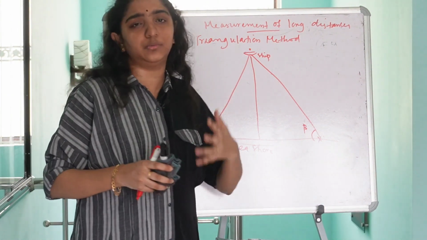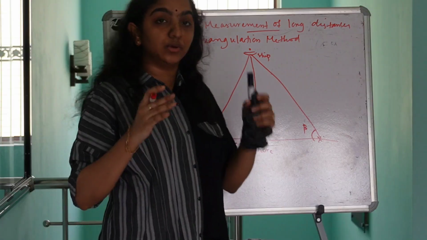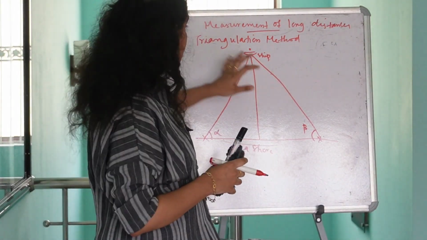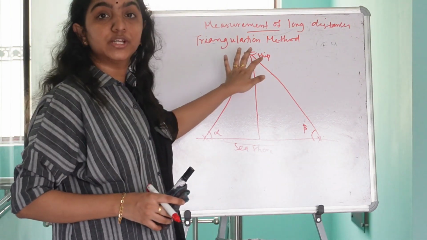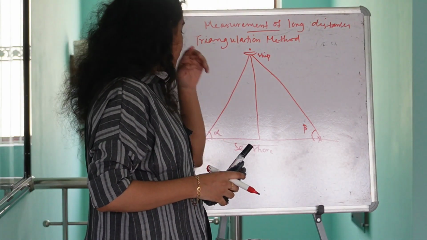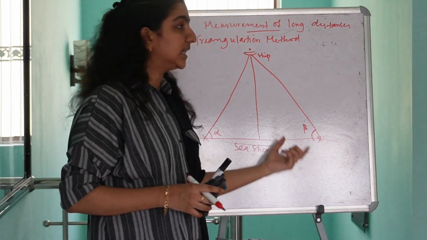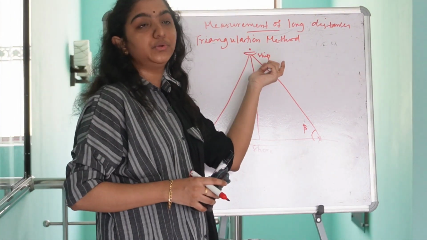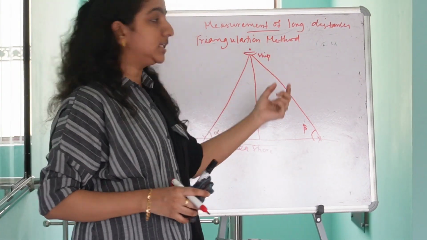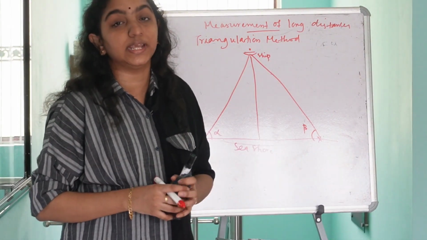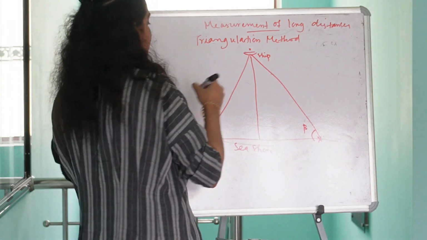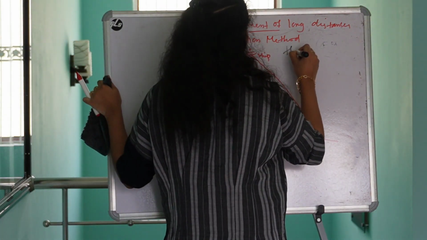So what is triangulation method? Triangulation method is the process of determining the location of a point by measuring the angle at which the point is viewed from two known points instead of measuring it directly.